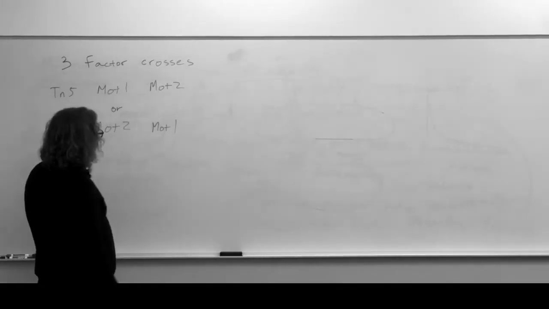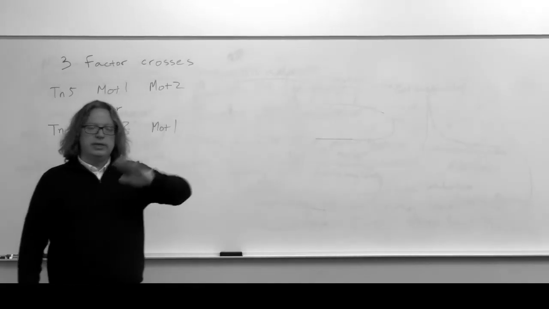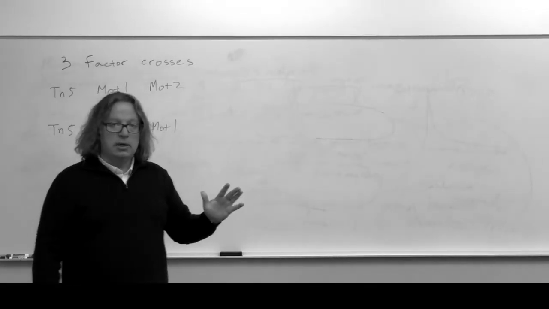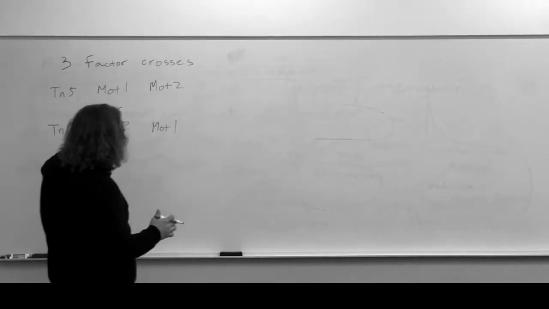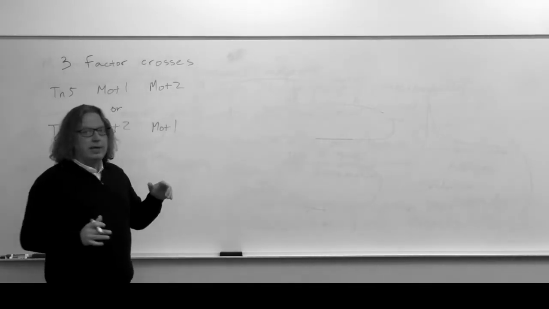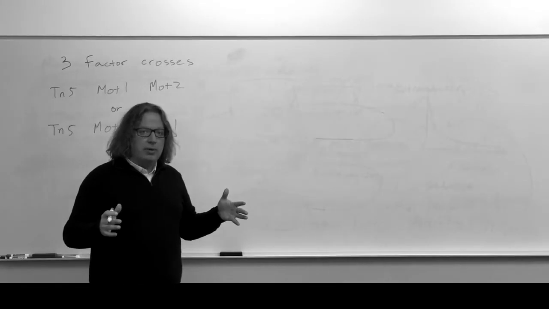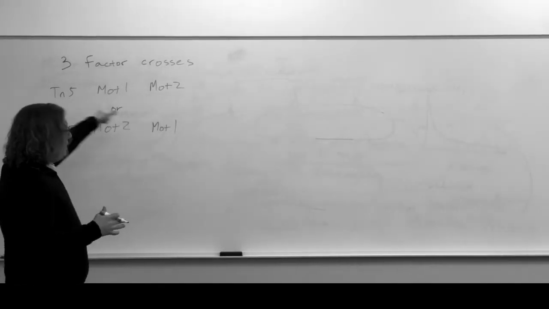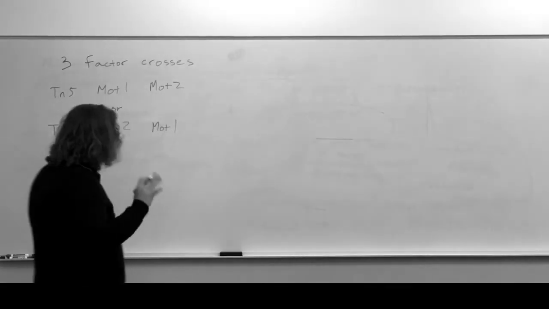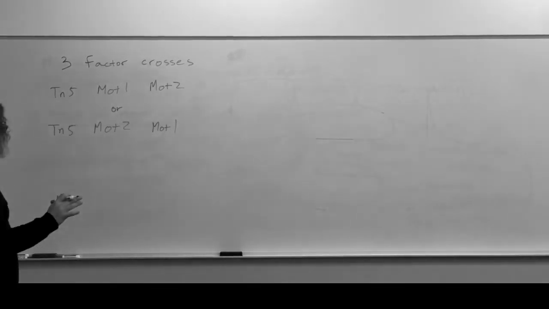Well, the way we do this is by performing essentially these reciprocal crosses to look, again, much as we looked at with three-factor crosses in Drosophila, at what is the most frequent outcome, and is the most frequent outcome consistent with a particular order of genes. So what do I mean by that?